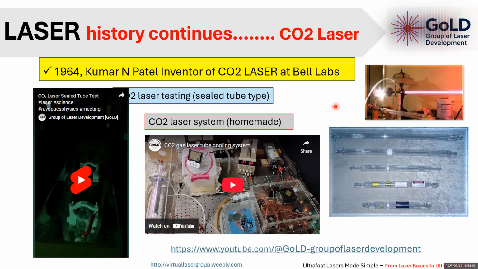Some carbon dioxide lasers exist in the form of a sealed tube, as they come from the factory. They seal the carbon dioxide and some other percentage of gases, and you need other things like a cooling system and power supply sources, etc.